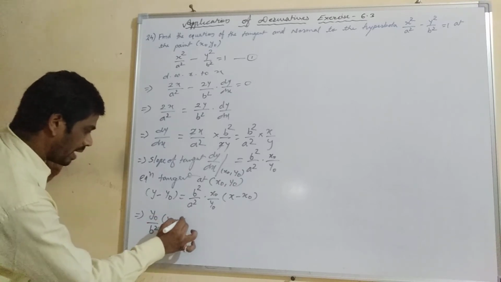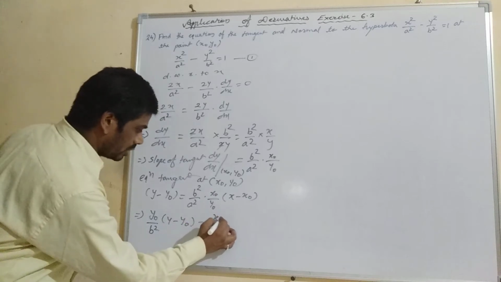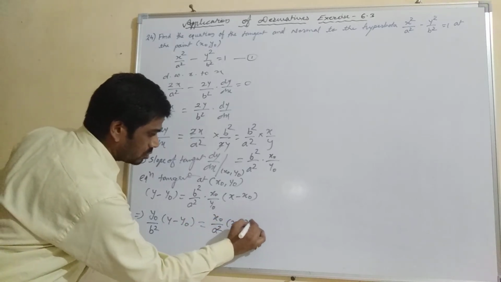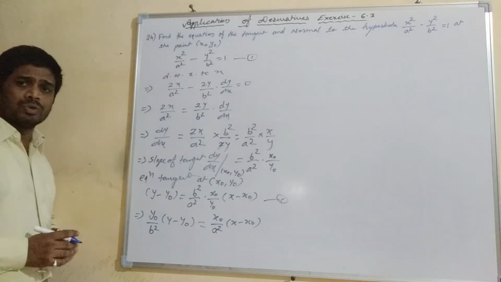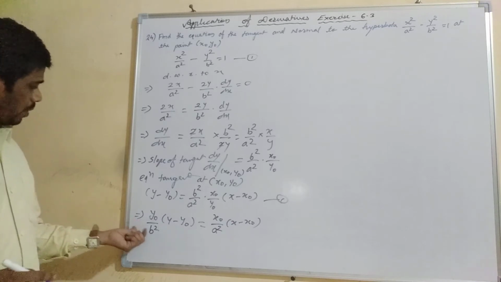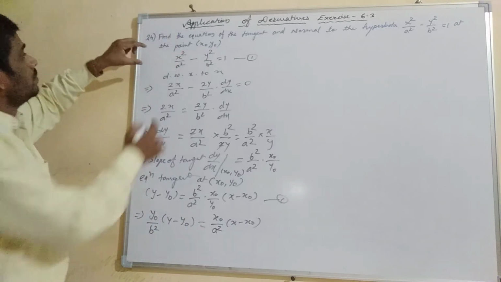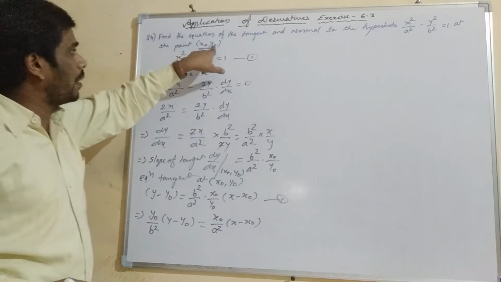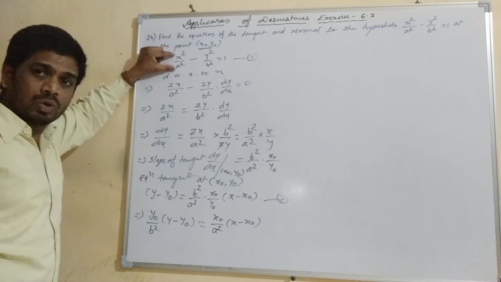So y minus y naught equal to, here we will get x naught upon a squared, x minus x naught. Okay, this is also the equation of a tangent, but we want to reduce this. That's why we will apply this, because this point is lying on this curve, because this is the point of contact. So this point will lie on this equation also.